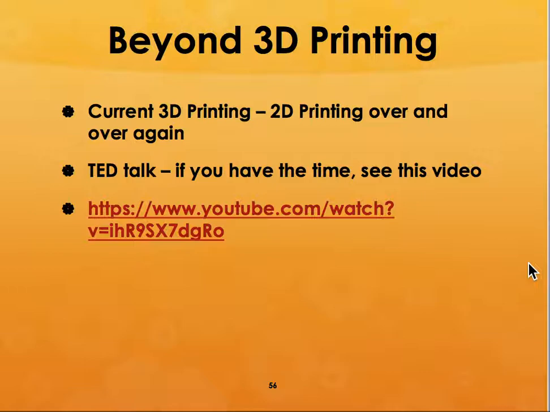You have to make the whole part from scratch in one piece. Boom. So if you really want to see what we are talking about, you should go and look up this TED Talk on this YouTube video that shows, let me give you a hint, Terminator.